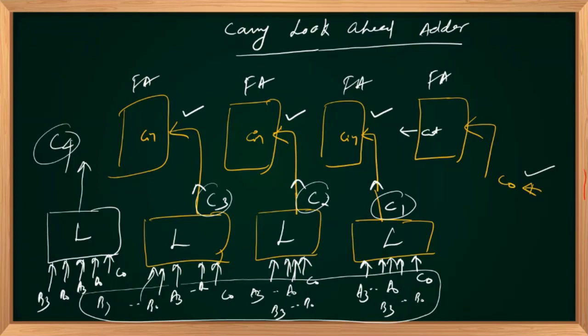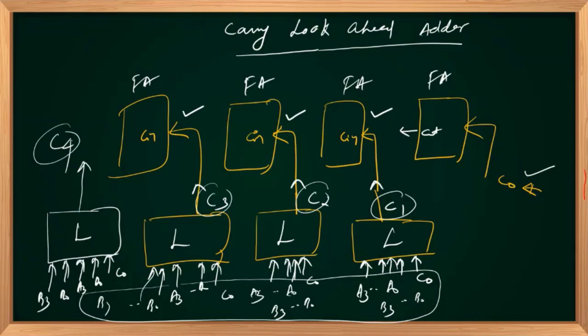Okay, right. In full adder, we said that the initial or the first carry, or C in, propagates to C out if A and B are different, and that particular stage produces a carry out if both its inputs are equal to logic 1, right?